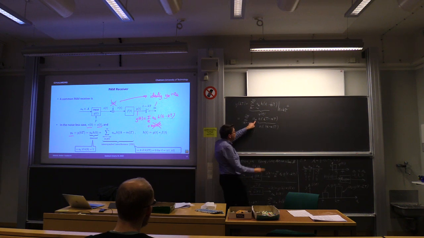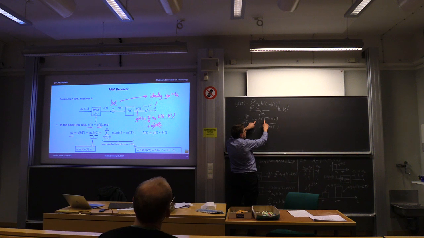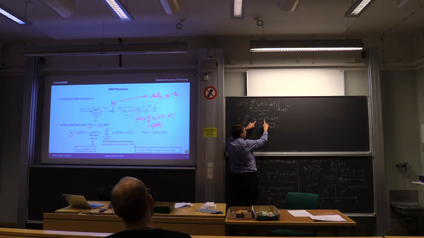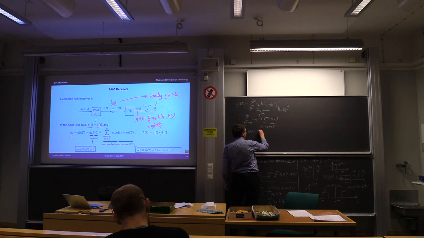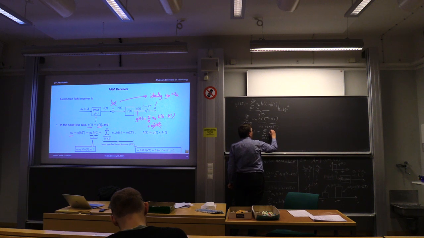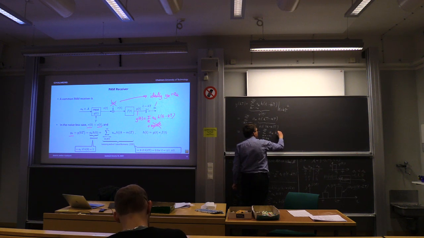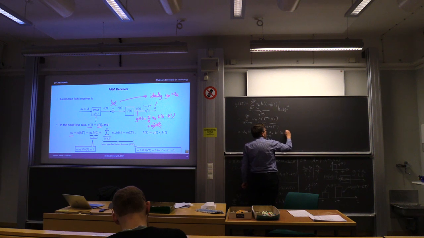When m is equal to k, k minus m is k minus k, which is 0. So then we get this, and then we get a sum of the rest. It's the sum over all m, except when m is equal to k, of a_m h((m minus k)T), like this.